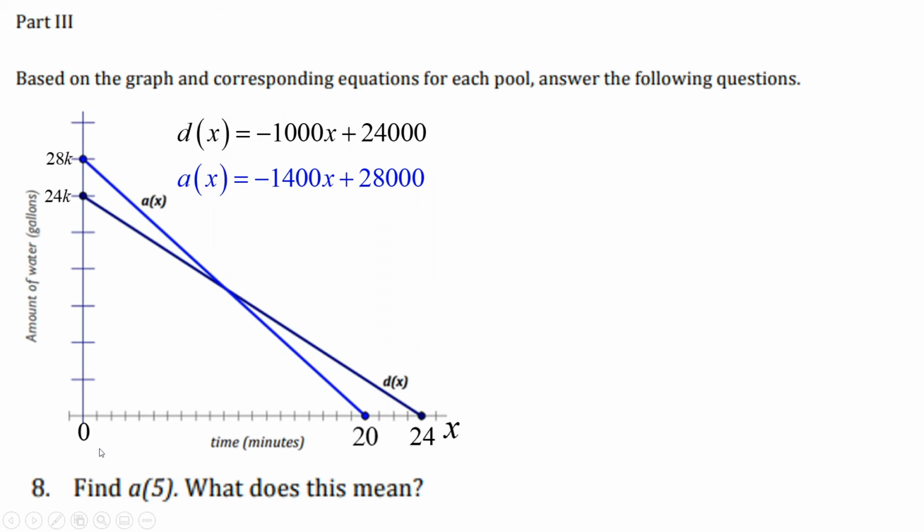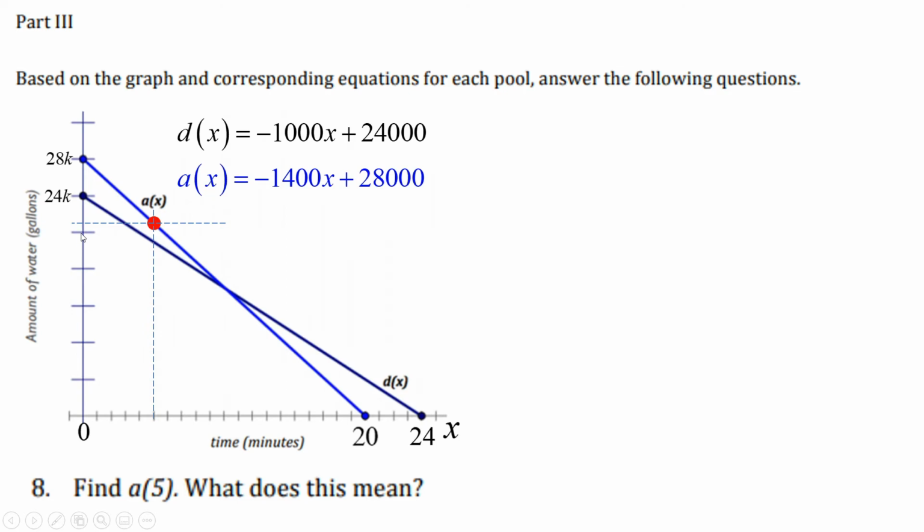Okay, find A of 5. All right, function notation, A of 5. So 1, 2, 3, 4, 5. There's x equals 5. And I'll draw a vertical line right there to go up to Allie's graph, and I'm right here. Now, A of 5 would be the y value of this point right here. So, what's that y value? Well, it looks like we're going to have to approximate.